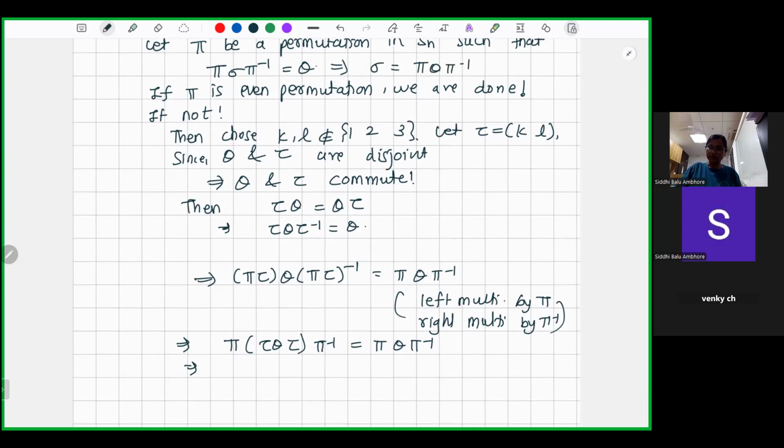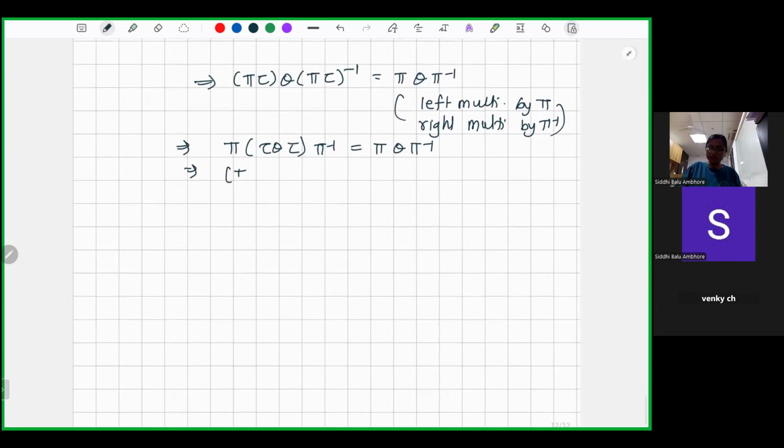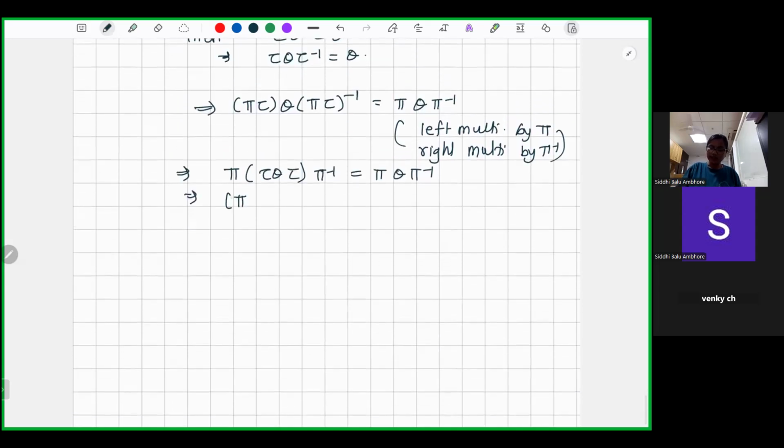So this implies that pi tau theta (pi tau) inverse is my sigma.